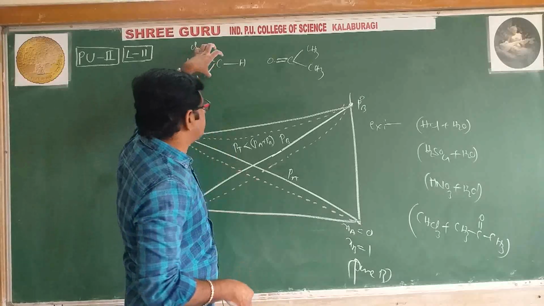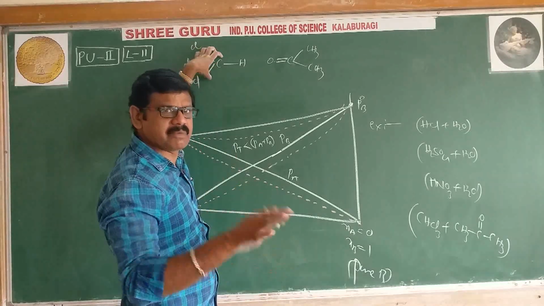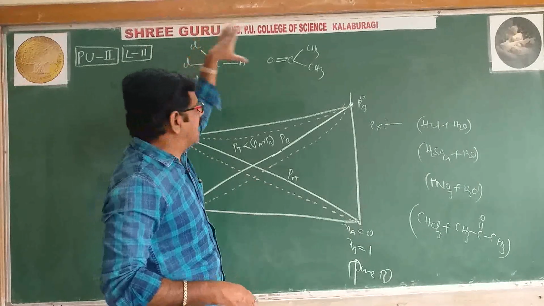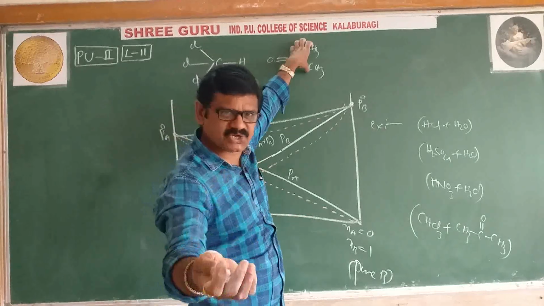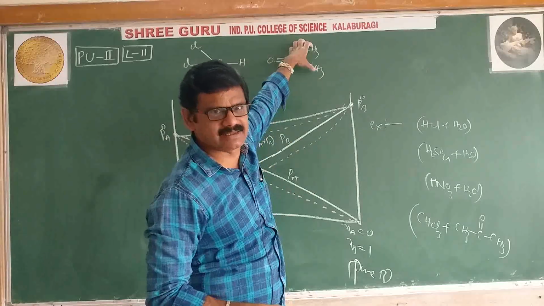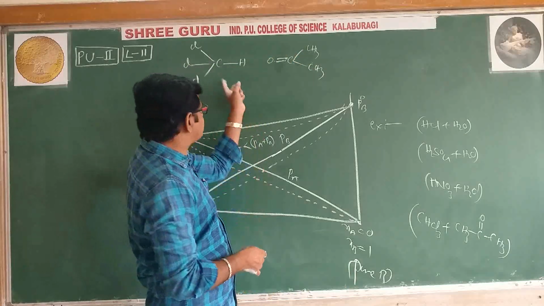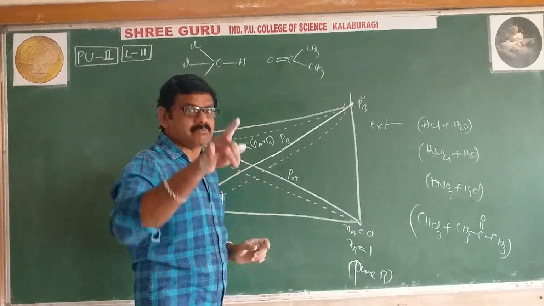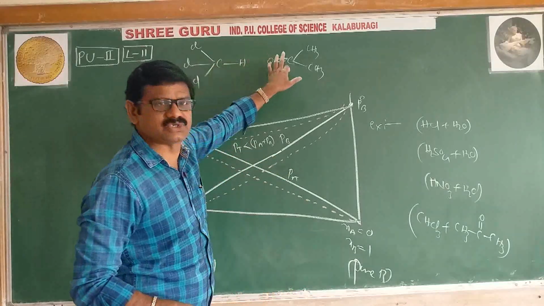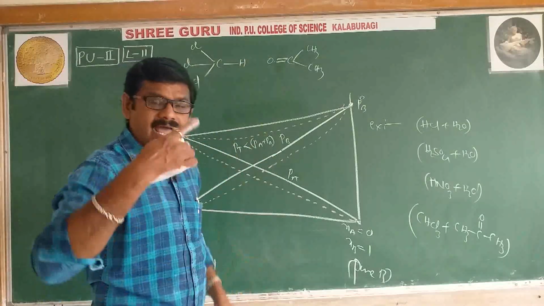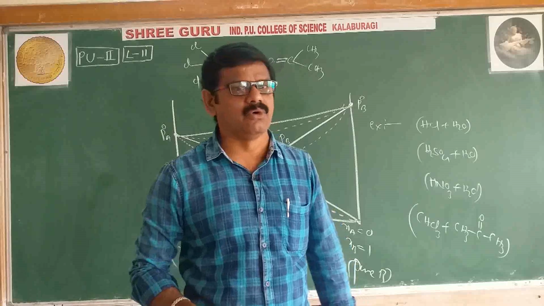Now, between one chloroform and another chloroform, that much attraction is not there. And between one acetone and another acetone, that much attraction is not there. But once we mix these two compounds, between chloroform and acetone the attraction forces are more. Why?